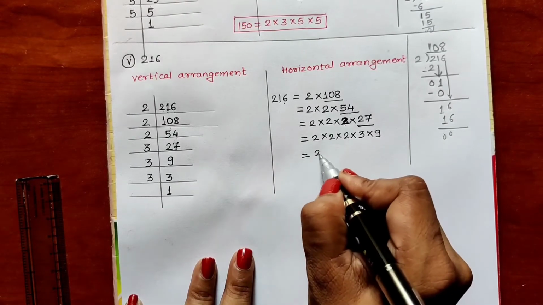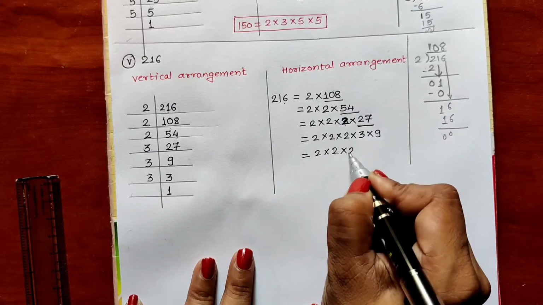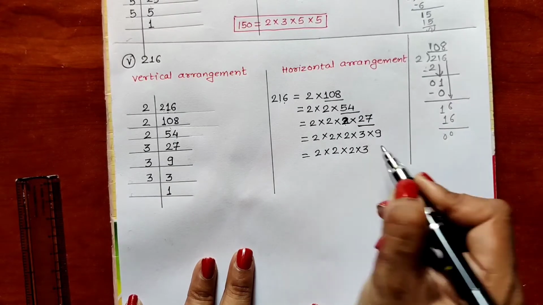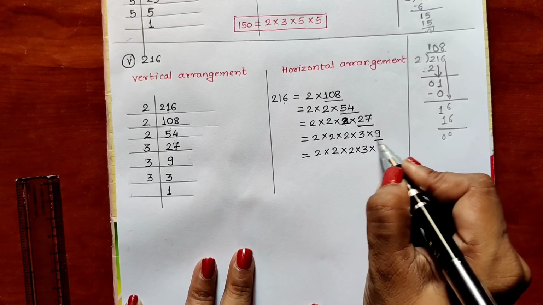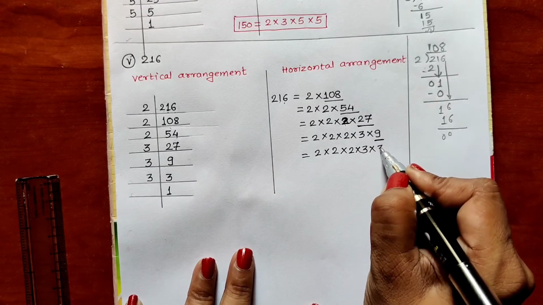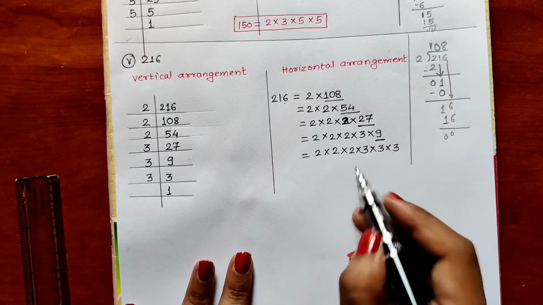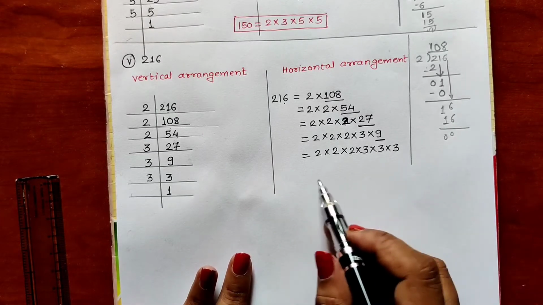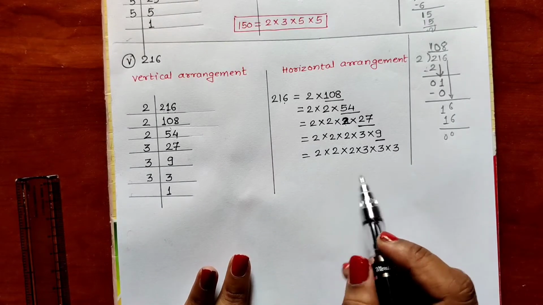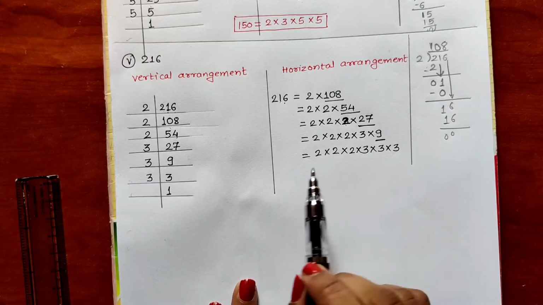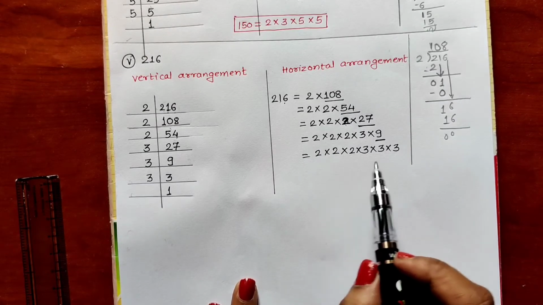Again the first 2, second 2, third 2 and then this 3 we write as it is, and then we write the factors of 9. 9 factors are 3, 3s are 9. So in the end we have got all prime factors which are not divisible again by any other number, that's why they are the prime factors.